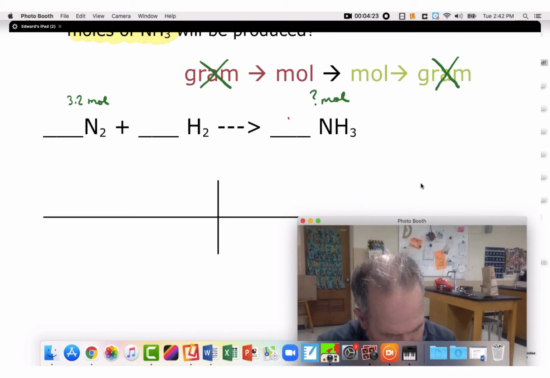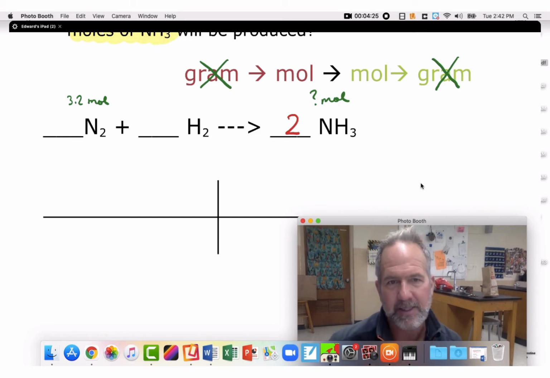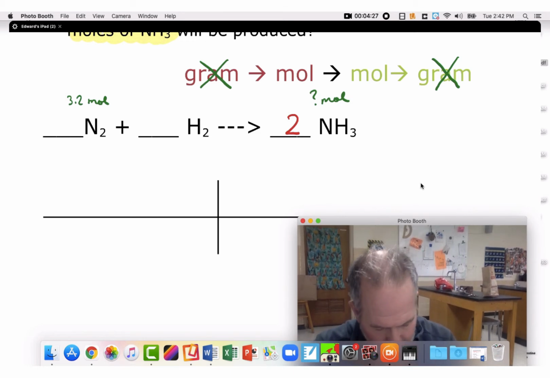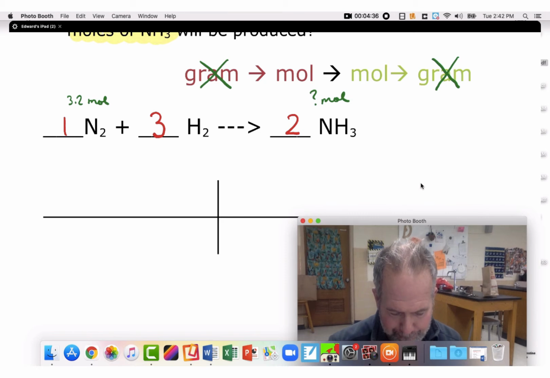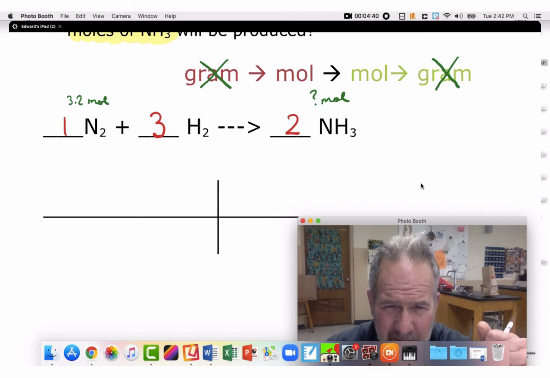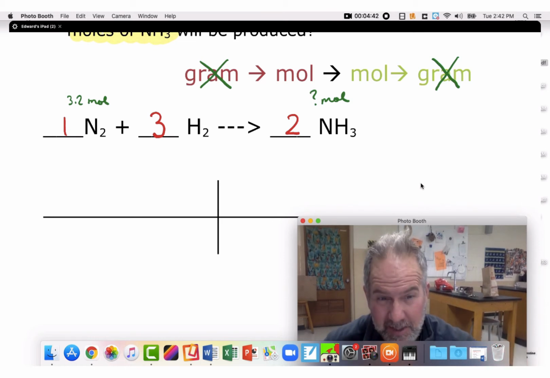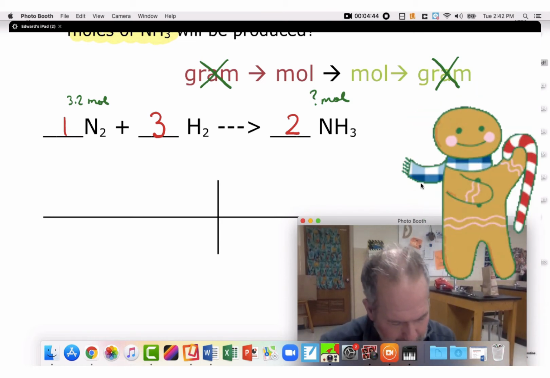I'm going to throw a 2 in front of this side and make them even. Now I see 6 H's and I see 6 H's. And I'm done. If you squint your eyes, that little 2 almost looks like a candy cane. Just say it. Christmas miracle.